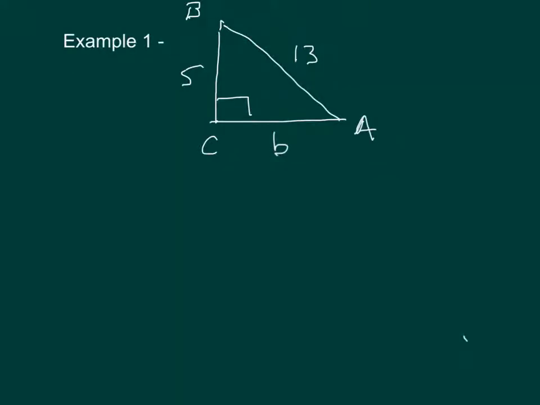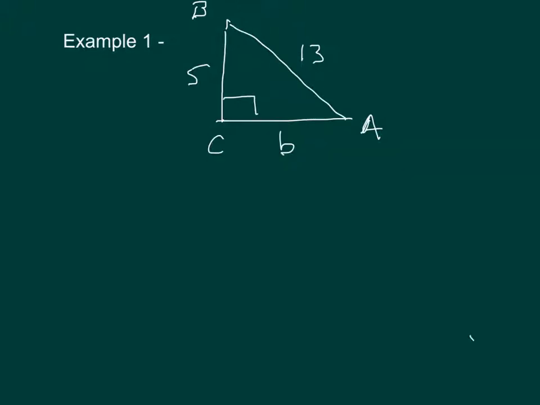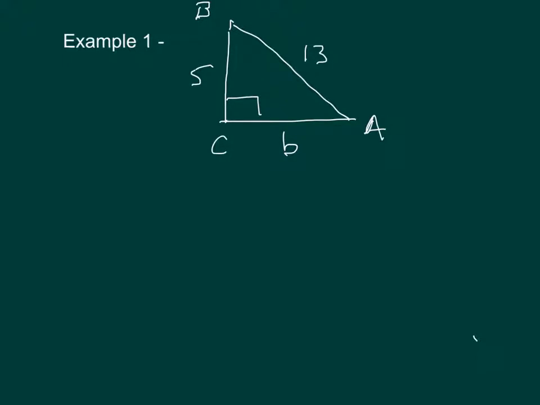So here we have example 1. Right triangle ABC, where A and B are the legs of the triangle and C represents the hypotenuse. We can relabel: 13 stands for the lowercase c, and the 5 stands for the lowercase a. And guess which side we're missing?